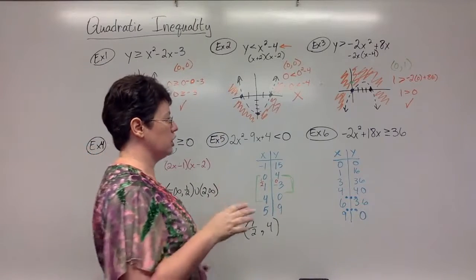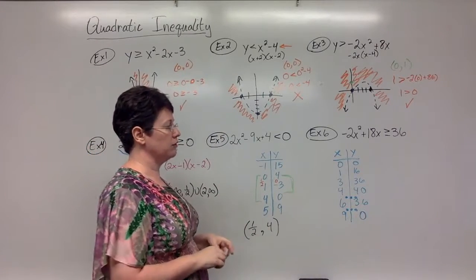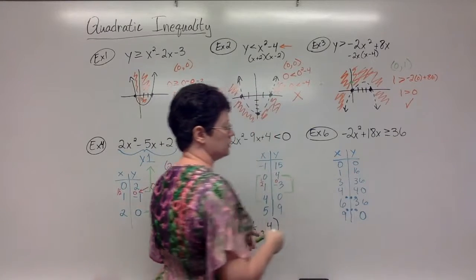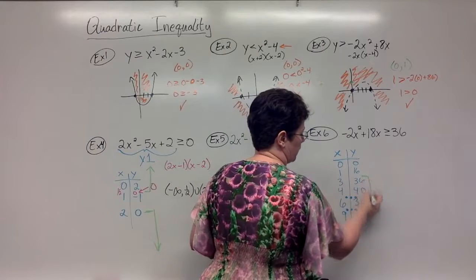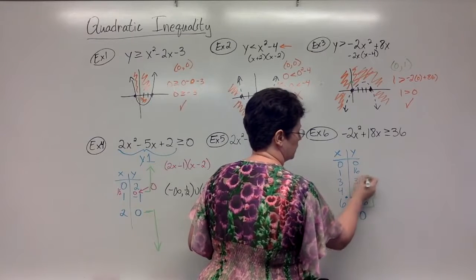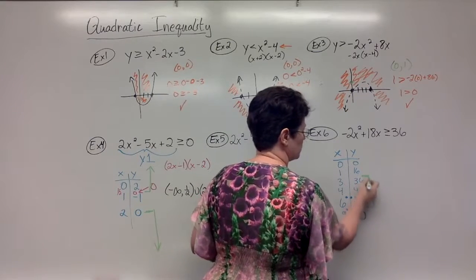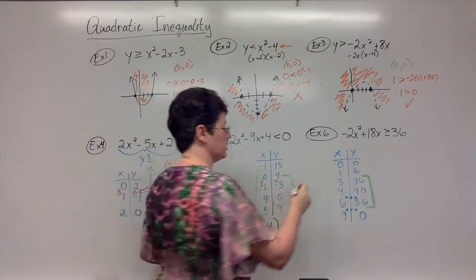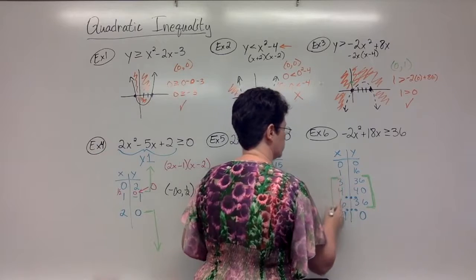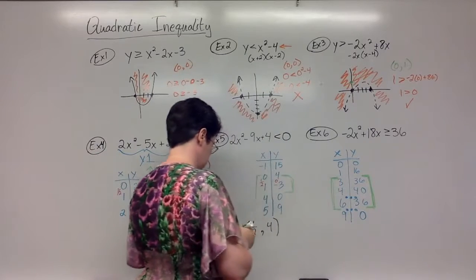So what do we want to know from our table? We want to know where our function is greater than 36. So greater than or equal to 36. I look at my y values, and my 36s are right in here. That's why I skipped to those values. So it's because I knew what I was looking for. What x values correspond to those y's? Well, it starts at 3 and goes to 6.